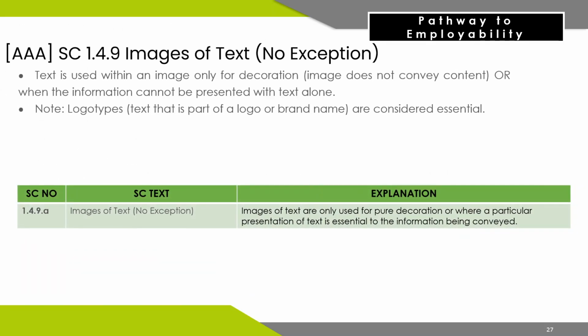The requirements for success criterion 1.4.9 Images of text, no exception, are 1.4.9.a Images of text, no exception. Images of text are only used for pure decoration or where a particular presentation of text is essential to the information being conveyed.